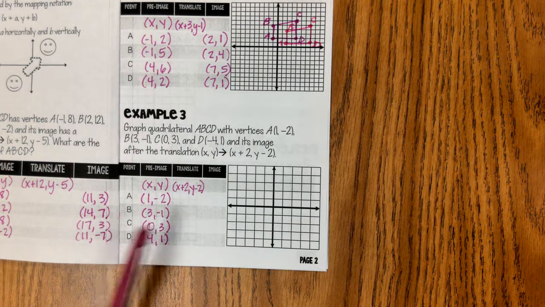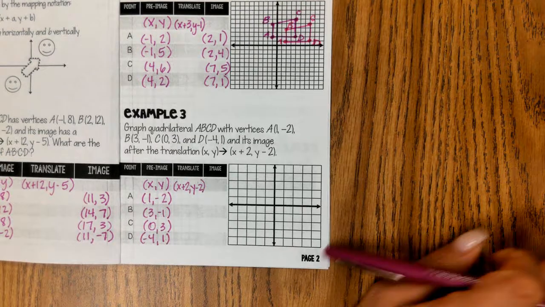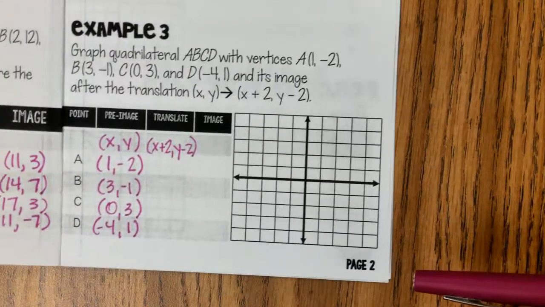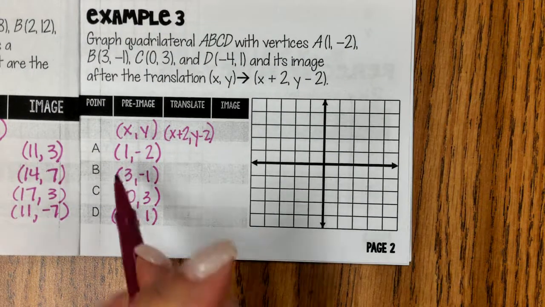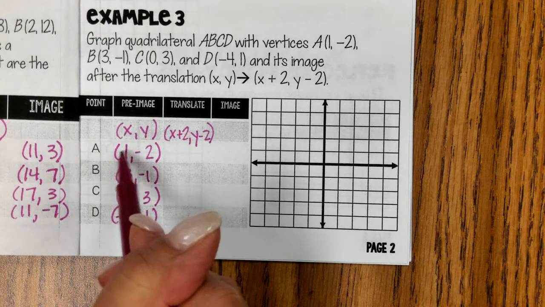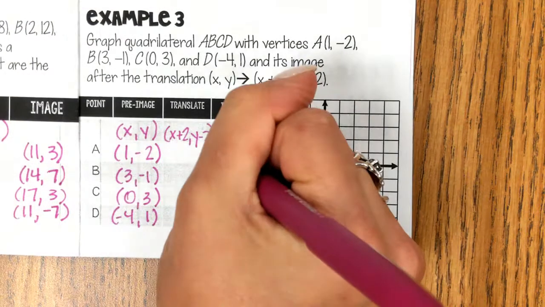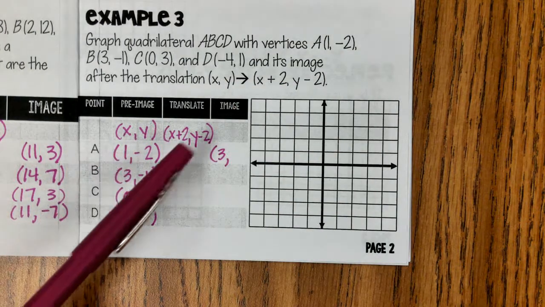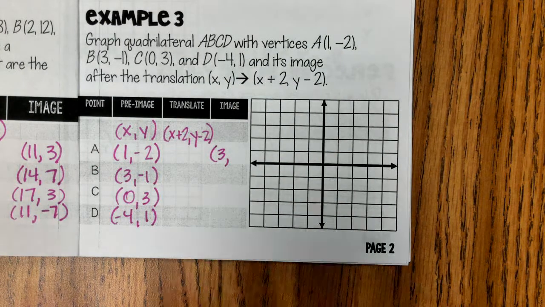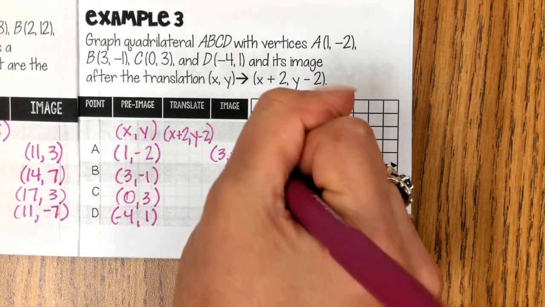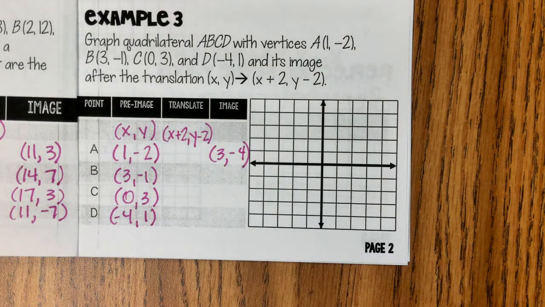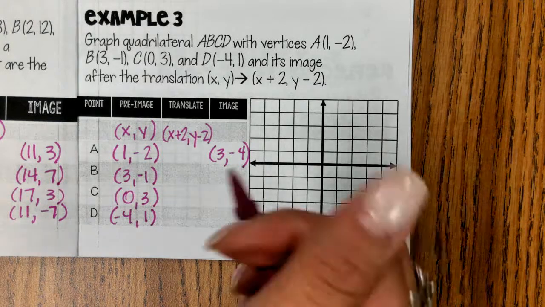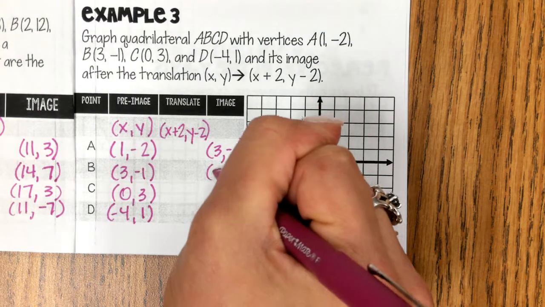Okay, so again, you're going to go through, you're going to add to the X, and you're going to subtract from the Y. So what is X, 1 plus 2? Okay, then we have Y, negative 2 minus 2. Negative 4, right? Okay. 3 plus 2. 5.